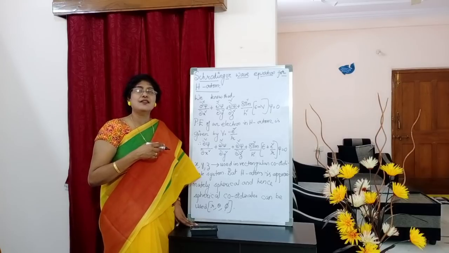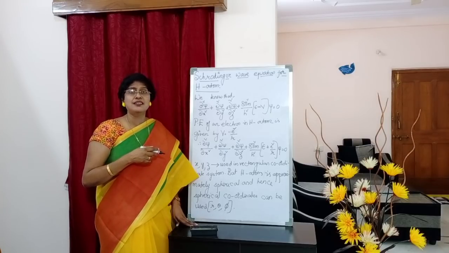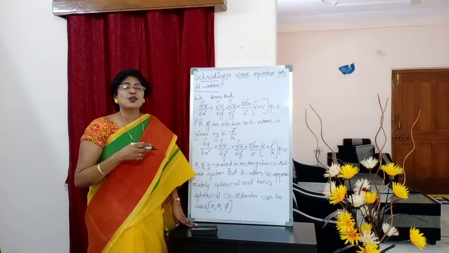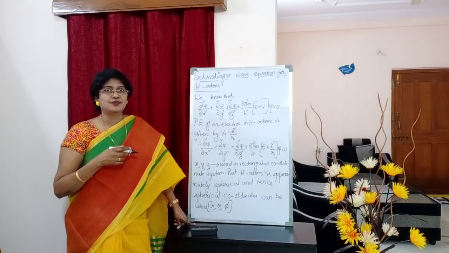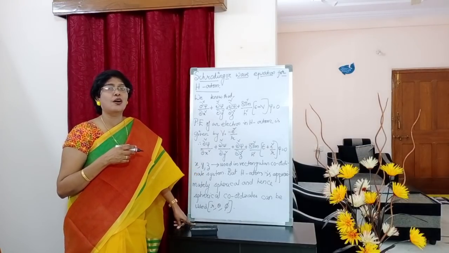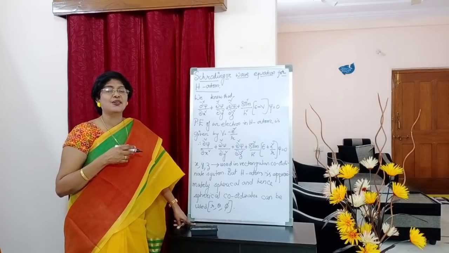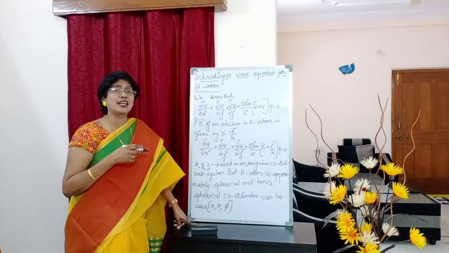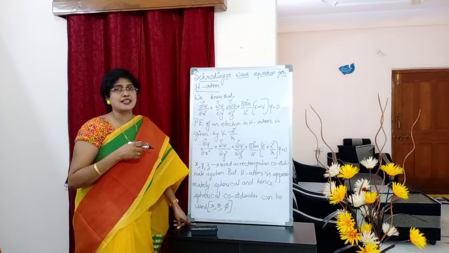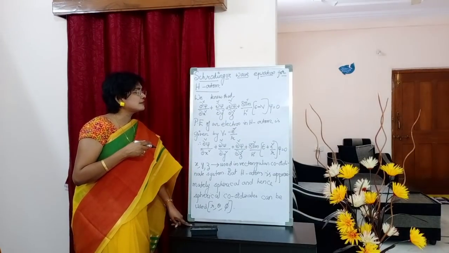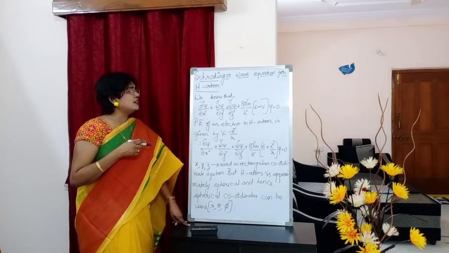What is this equation called, students? Do you remember? Yes, this is the Schrodinger wave equation for a particle which is moving along the x, y, z axes, that is 3-dimensional. We derived this in the last class.